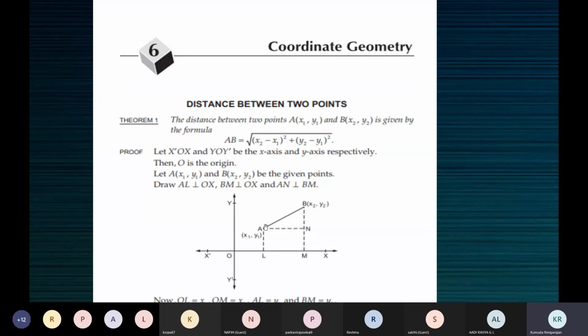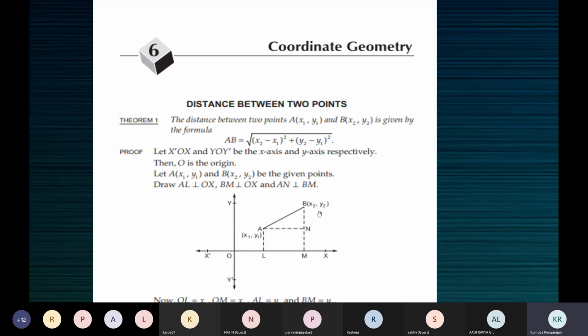Then mark these 2 points A and B and connect them. Let the address of A be x1, y1 and let the address of B be x2, y2. So now we have both axes and the 2 points connected by this line segment.